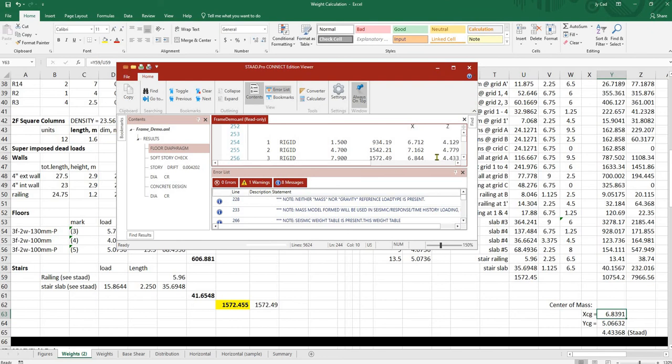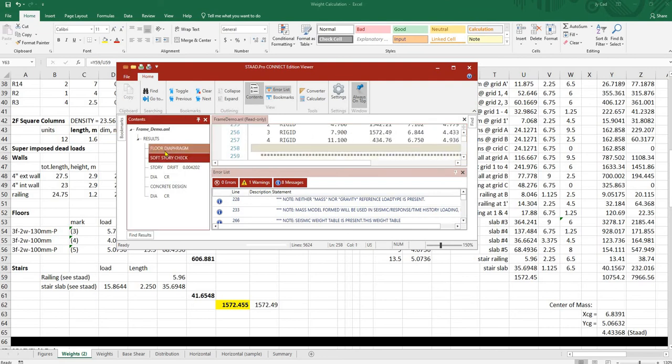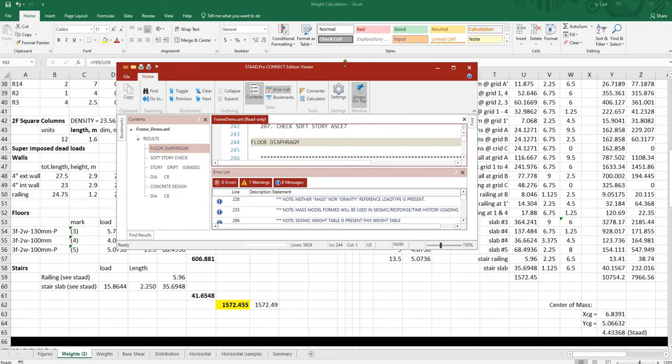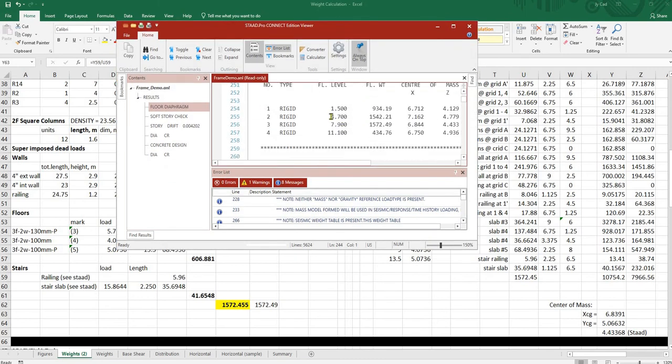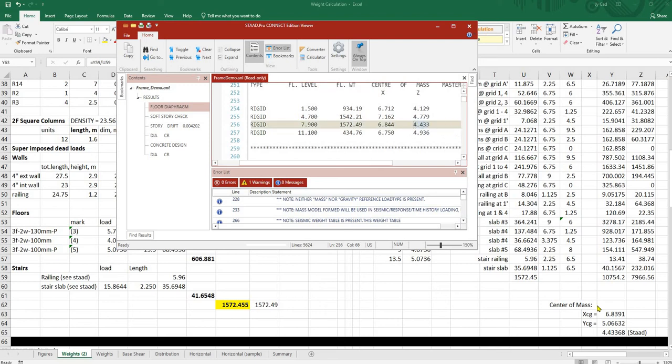Tapos yung y or yung z niya kay stud, at third level, it is 4.433. Ang na-compute natin, ayan. So, almost parehas sila, 4.433. Okay? So, that's it. I'm just showing you na hindi magkalayo ang manual sa software.